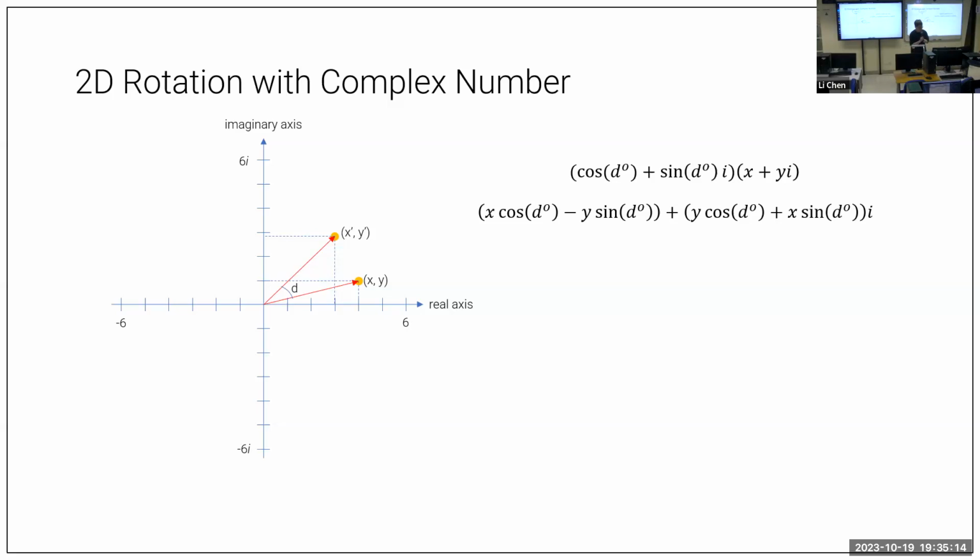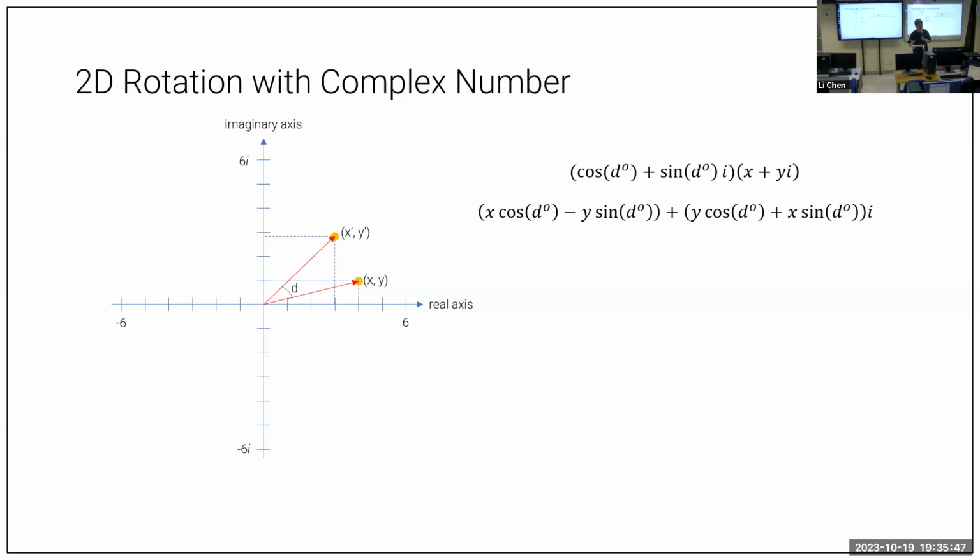If we are talking about 2D rotation, you can simply apply this formula and you will get the rotation. D is the degree that you want to rotate. This rotation happens on the 2D plane. In general, you are rotating along an axis that does not exist, the third axis.